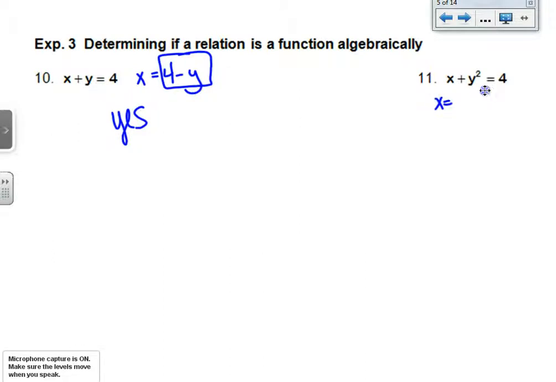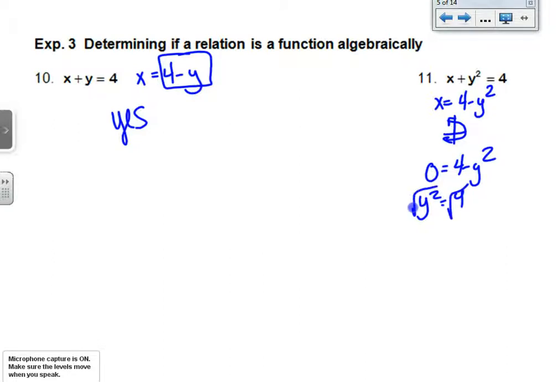Now on this one, if you solve for x, it would be 4 minus y squared, which if you think about what that looks like, it's a sideways parabola. It kind of looks like this, actually. And you don't have to know what it looks like, because I could give you a bunch of different examples. For instance, if I put a 0 in for the x and I tried to solve for y, I would get y squared equals 4.